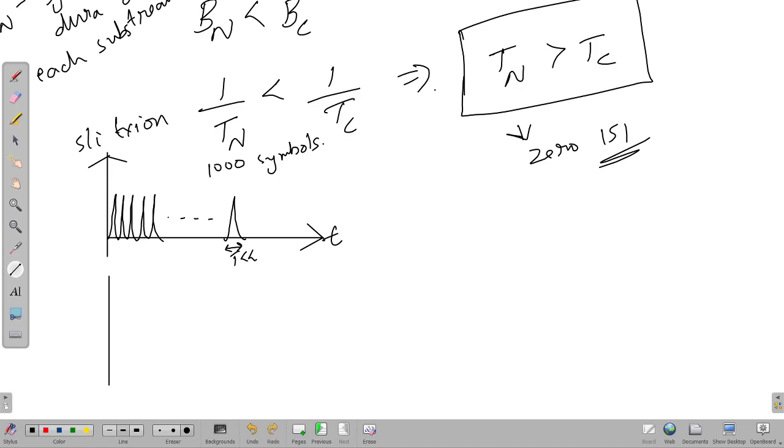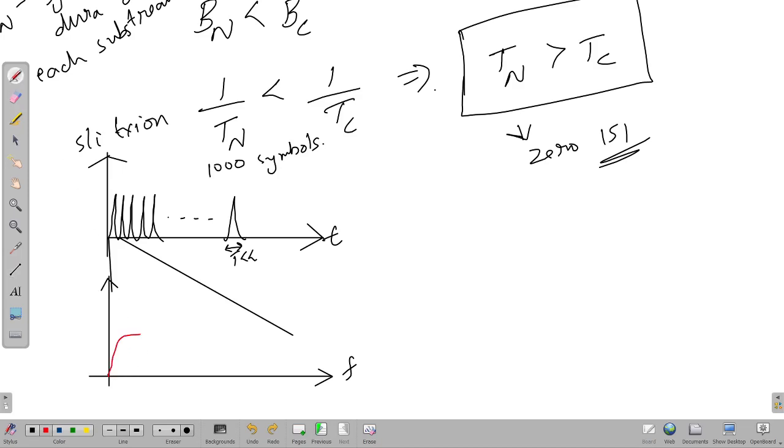If I draw the parallel frequency domain, if I draw just one symbol here, just this one symbol, it will have a large bandwidth.